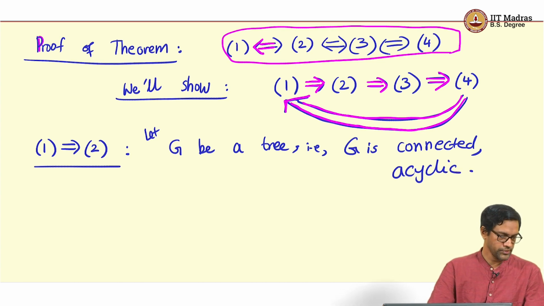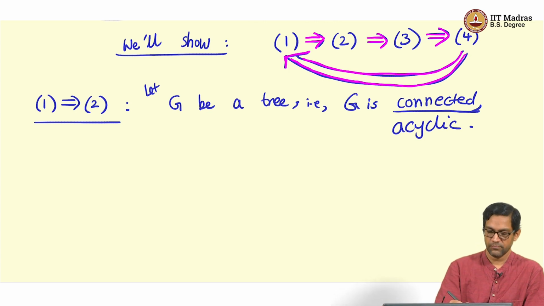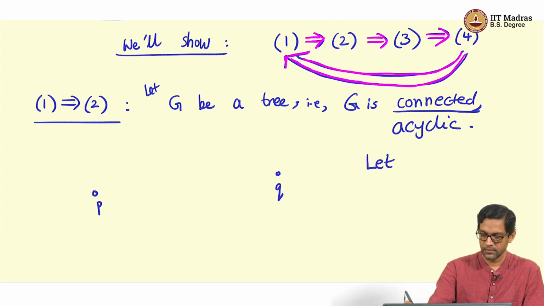Now how do we show that there exists a unique path between any two vertices? G is connected means for sure there exists a path. So let's take any two vertices of this graph. Let P and Q be two vertices.